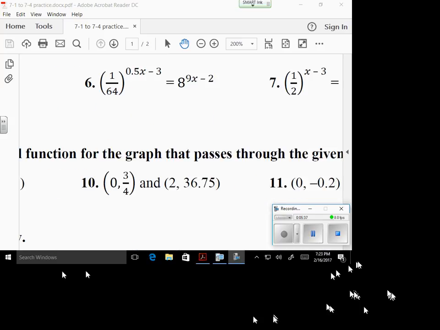Number 6, we still need to get like bases. 64 is 8 squared. So 1 over 64 is the same as 1 over 8 squared, which is also the same as 8 to the negative 2.